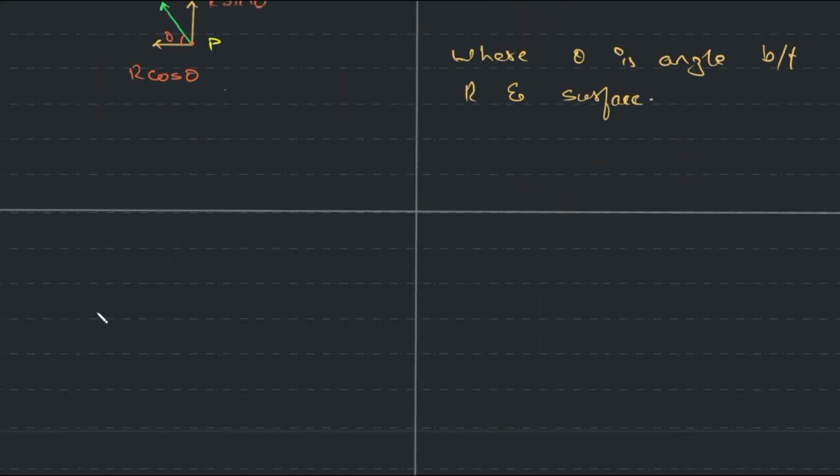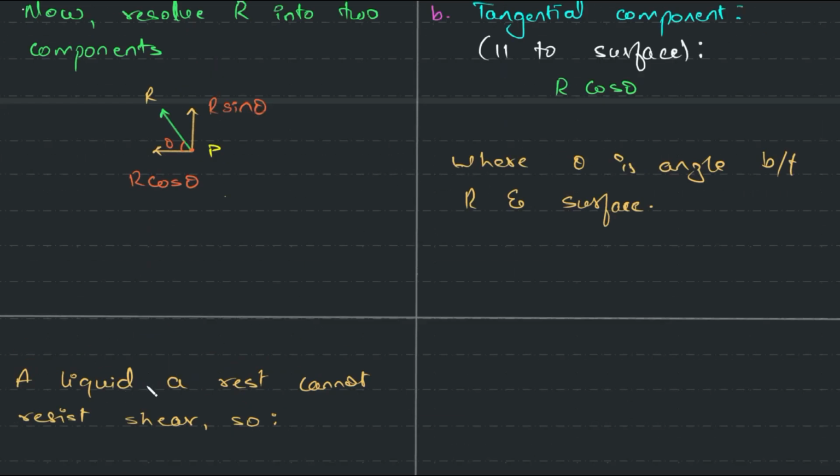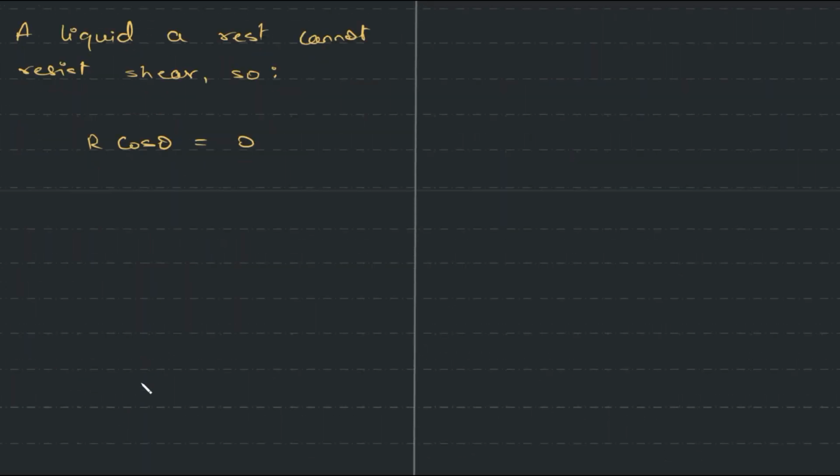Okay. So a liquid at rest cannot resist shear. So we have R cos theta has to be equal to 0 because that's our tangential component, right?